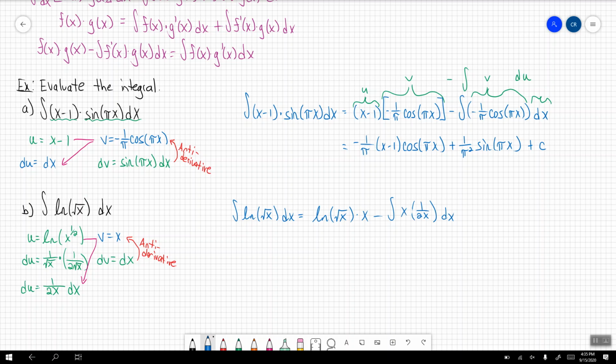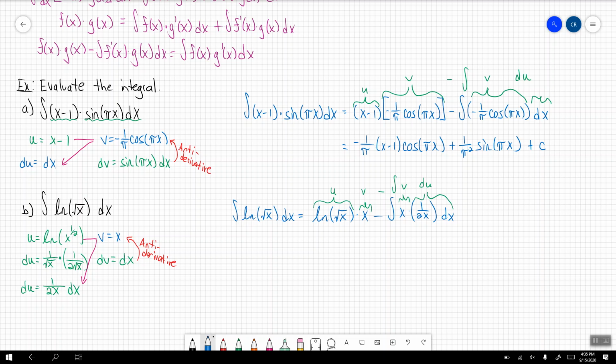Okay, that's not too bad. My apologies if I say that a lot. Okay, so again, I'm going to identify this is u times v minus the integral of v du.